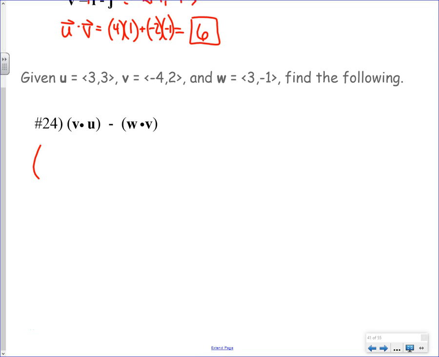It's a number. So, multiplying the x's, we technically get negative 4 times 3 plus 2 times 3. And that was all just v dot u. You agree with v dot u? Yes. Okay. So then for w dot v, what did you do?